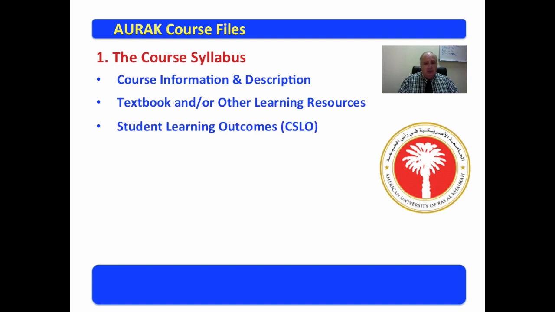You need the student learning outcomes listed in your syllabus. Now, there's been a little consternation recently about the student learning outcomes by many of us that are new faculty, looking at it and saying, we don't think these are what they need to be. Well, the good news is that there's a curriculum revision process here, and if you're going to teach that class, you can go through the curriculum revision process and change the CSLO.